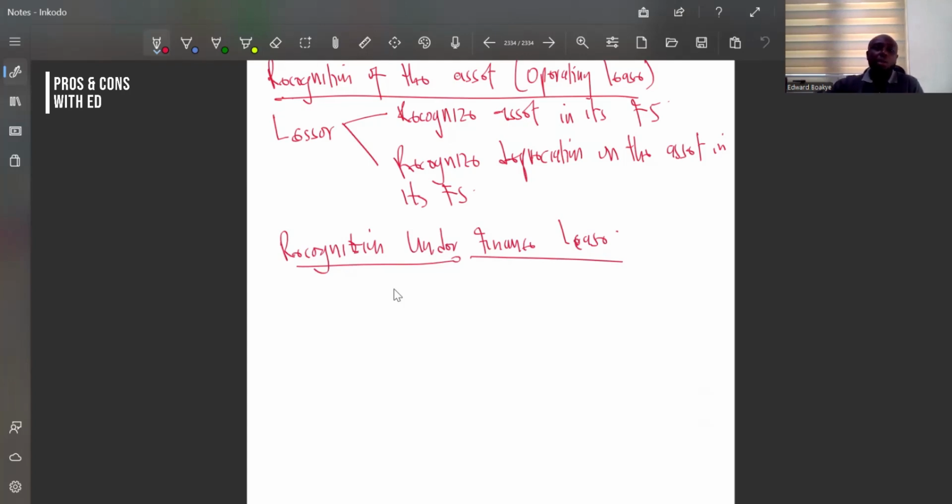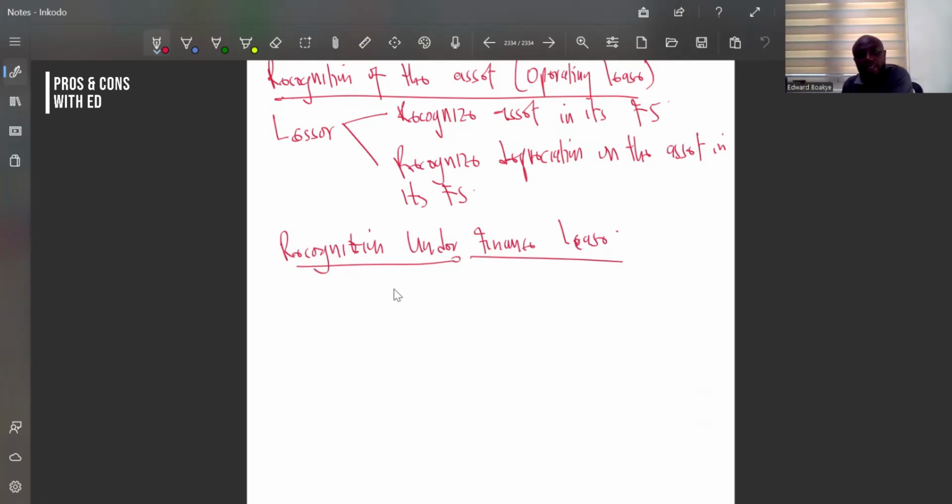Remember, lease is talking about a contract. So the contract might be 10 years, might be 5 years, might be 2 years, might be 4 years, and the rest. So what I'm going to do is all the payments that I need to make, I will bring it to the present and it becomes what? A liability because it's something you've not paid. So it's a liability for you to pay.